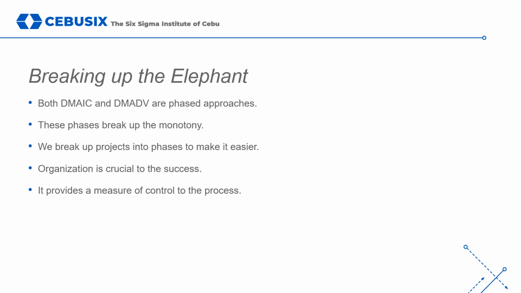As the old adage says, how do you eat an elephant? Well, you eat an elephant one bite at a time. Similarly, the phased approach of Six Sigma breaks up the elephant so teams can work on it one small bite at a time.